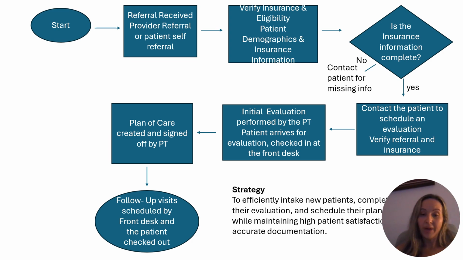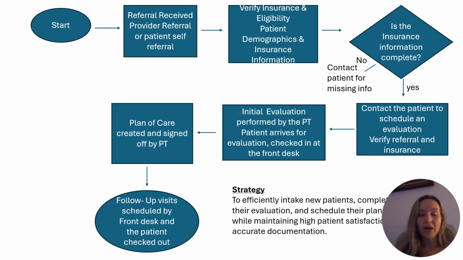Is it correct? If it's not, we usually will have to contact the patient. And usually this is done when we make the referral call. So we actually will confirm what insurance they have when we give them a call, when we're about to schedule. To make sure we have everything correctly, we'll make sure that we have their primary correctly. If they have a secondary, we will add the secondary.